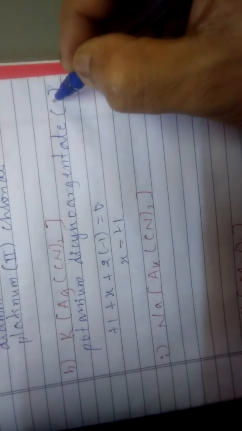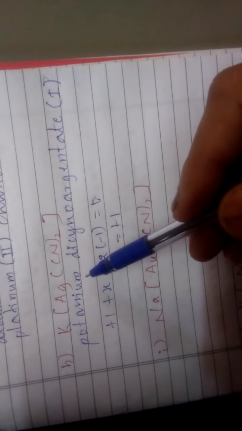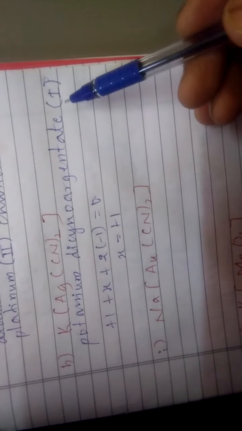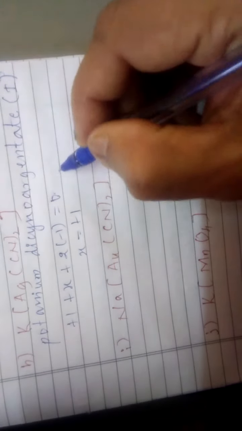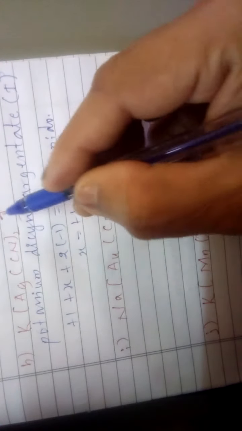Here it is having +1 oxidation state, and the name of the compound is potassium dicyanoargentate 1. Okay, while naming the cyanides you can use cyanide also, that is cyanido. So here potassium dicyanoargentate 1.